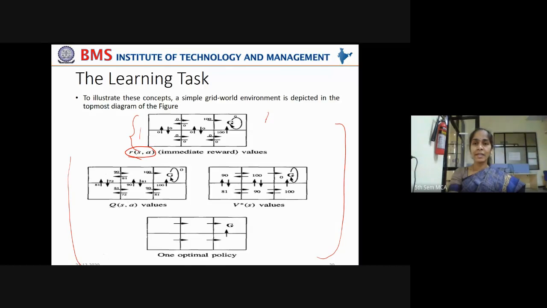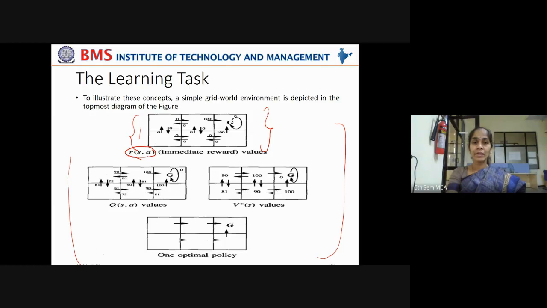This grid indicates the environment in which an agent takes actions to move from one state to another. If it is an appropriate action, it will be given a positive score. If it is not, it will be given a negative score.